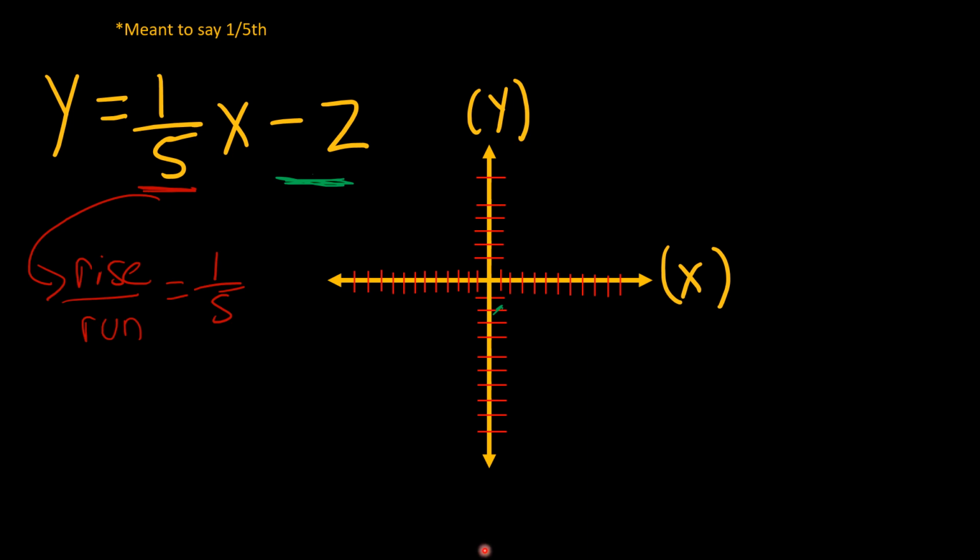So starting from our y-intercept, let's go up 1 and over 5. 1, 2, 3, 4, 5. So our first coordinate is going to be here. And now we have to do it again. So we're going to go up 1. This time we're right on the axis and we're going to go over 5. 1, 2, 3, 4, 5.